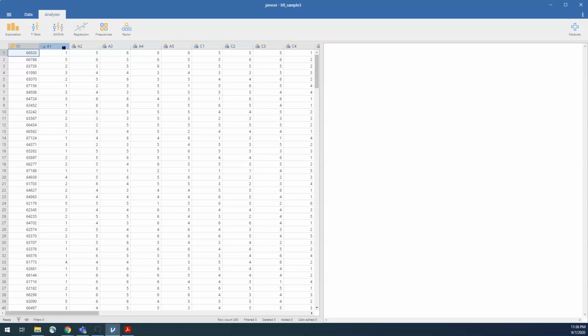So this A stands for agreeableness, and if you look at these for a minute, you'll realize that A1 is an item, a survey question about agreeableness, and A2 is a survey item about agreeableness, but a different one. And agreeableness, of course, is like how kindly and empathetic and just overall agreeable or amiable you are in life.